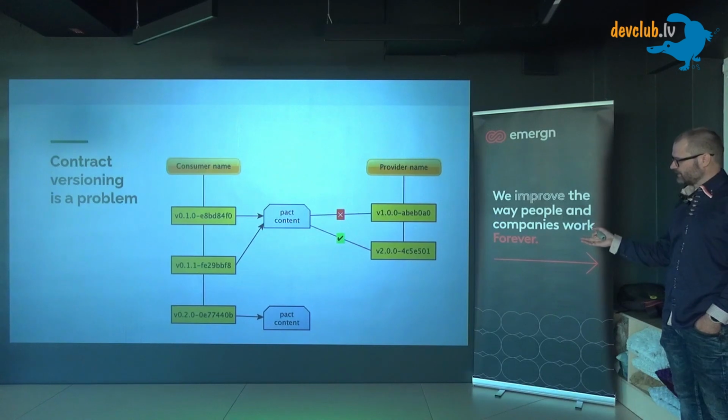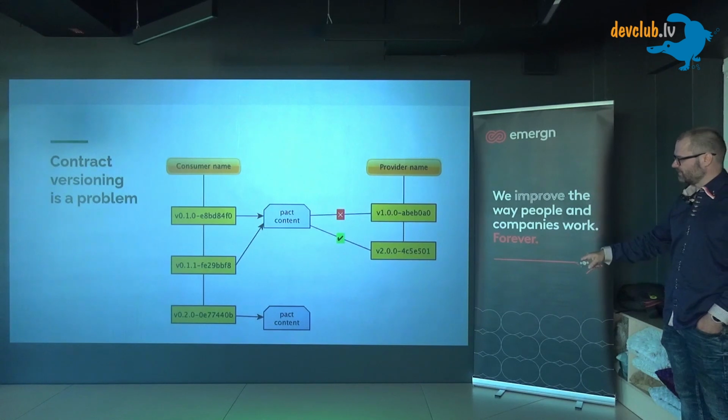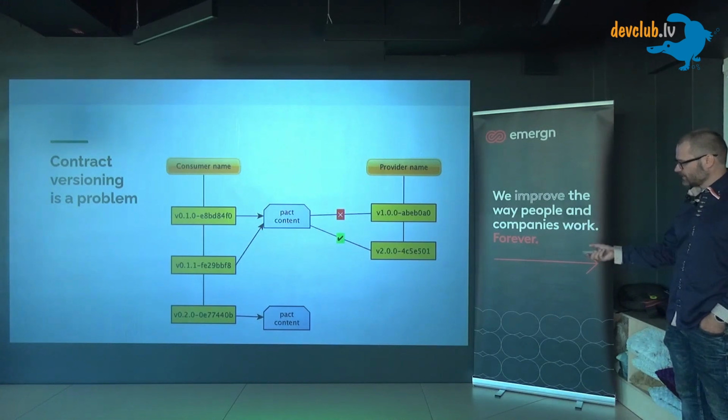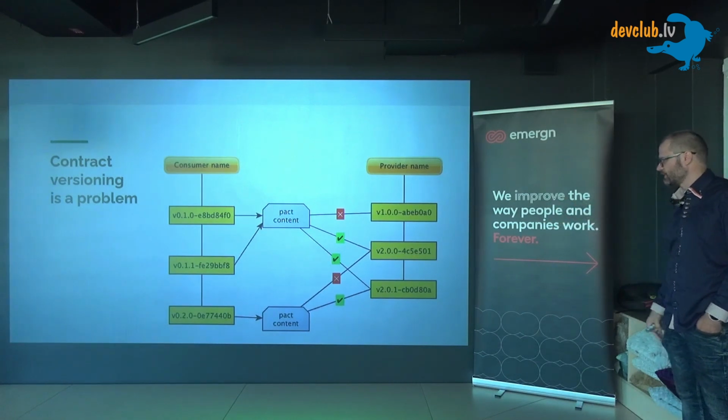The problem now is that we have two contracts between the same provider and consumer. The provider has to know which of the contracts it has to validate, to know that something is broken. Naturally, the old version 2.0 will not work with the new contract because it has not implemented the new functionality.